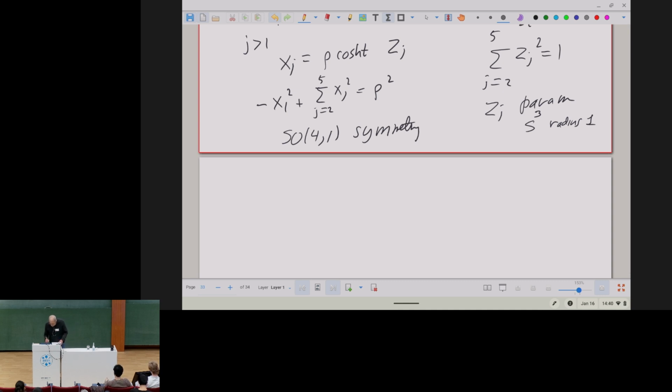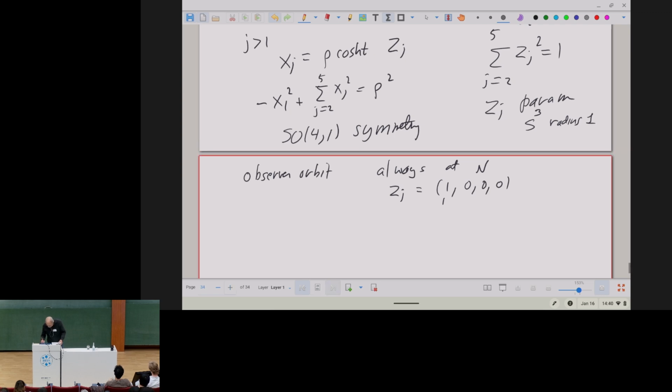So our observer orbit, so the observer, remember, is always at the North Pole. And I'll take the North Pole to be where z2 is 1 and the others are 0. So the observer who sits always at z2 equals 1, that's a particular point on the 3-sphere.